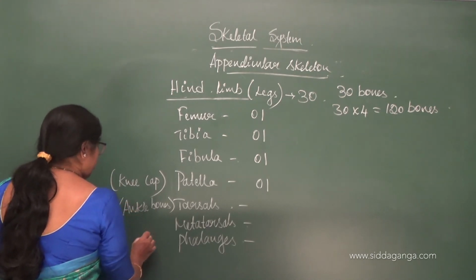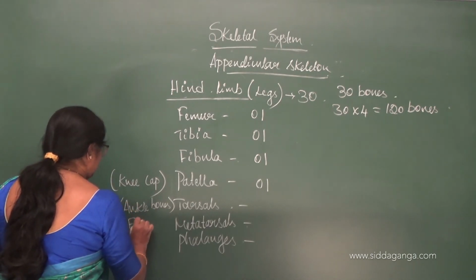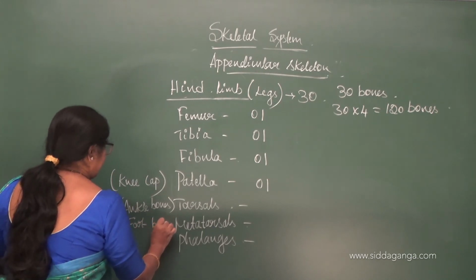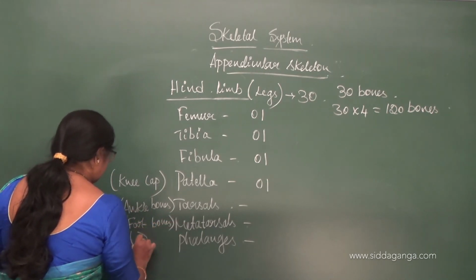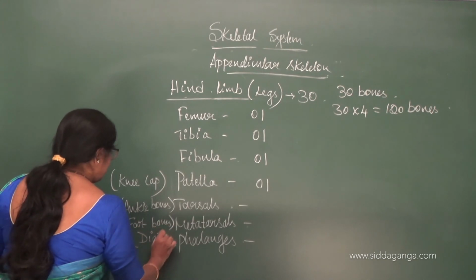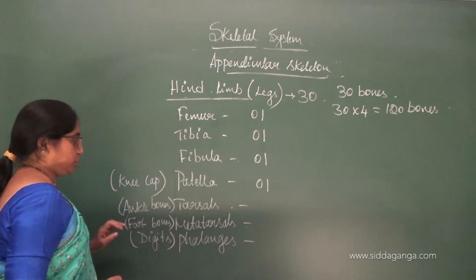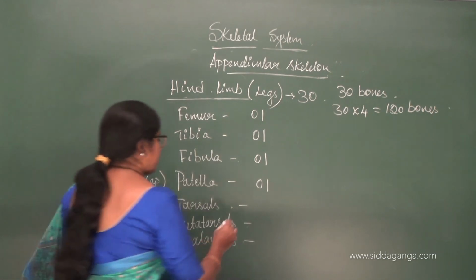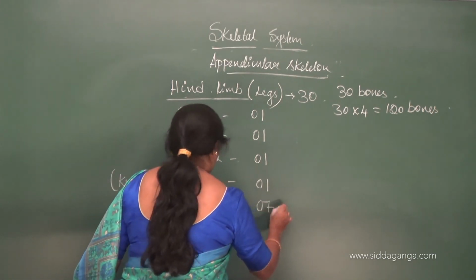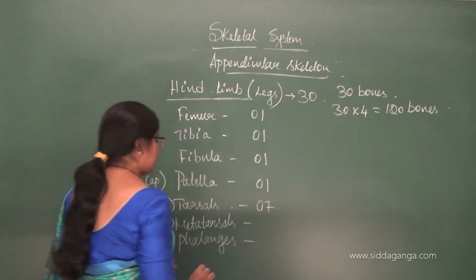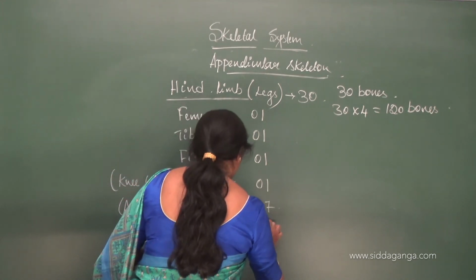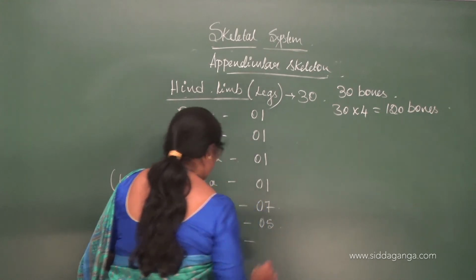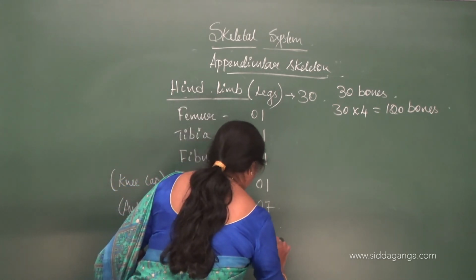Then the bones of the foot, that is metatarsals, and bones of the digits or the phalanges. Tarsals, they are 7 in number. Metatarsals, they are 5 in number, and phalanges, they are 14 in number.